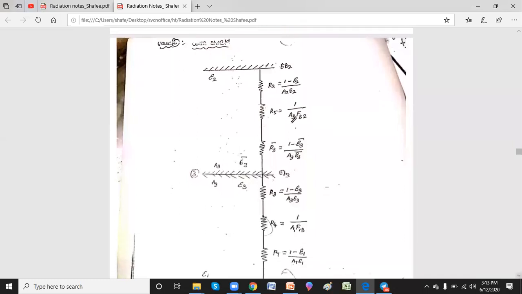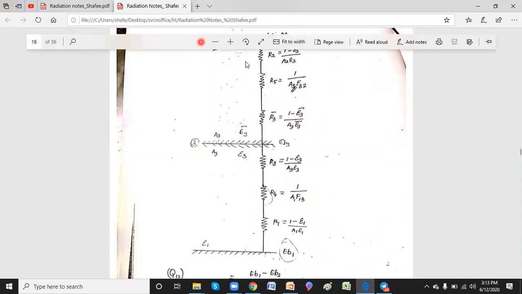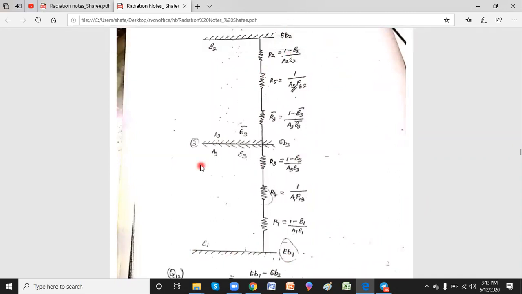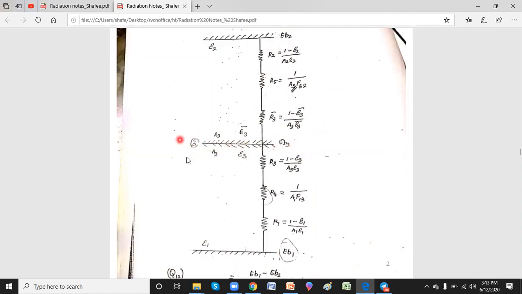Now with shield, you see here at the top I have written this as with shield. This diagram you have to draw to find out the heat transfer with shield. Now see what I said. If you carefully observe this diagram, this is EB1, and the top one is EB2. In between, this is 1, this is 2, and the shield is at 3.